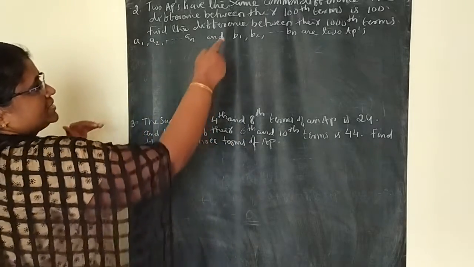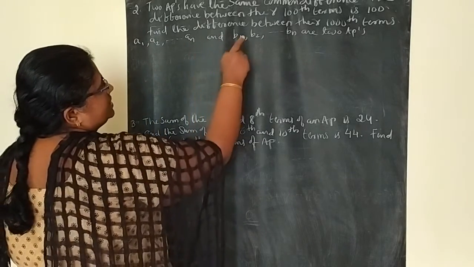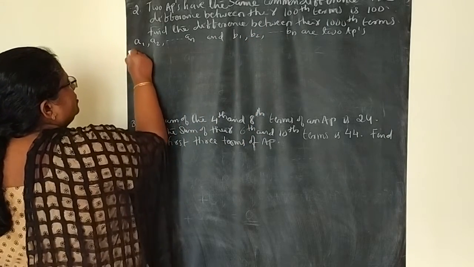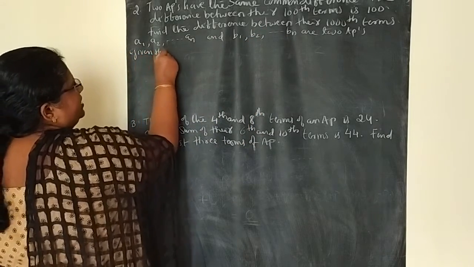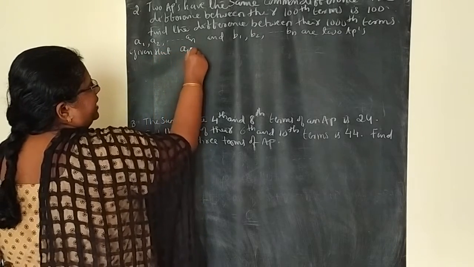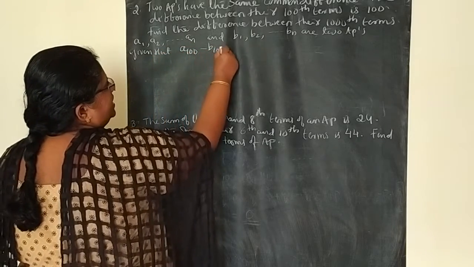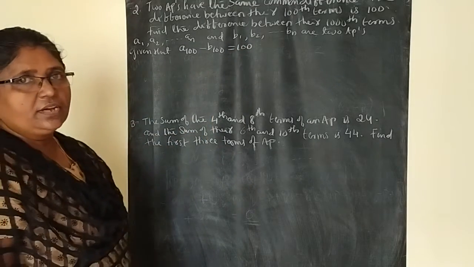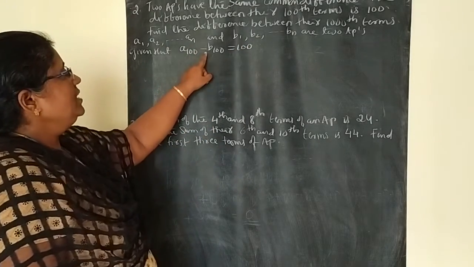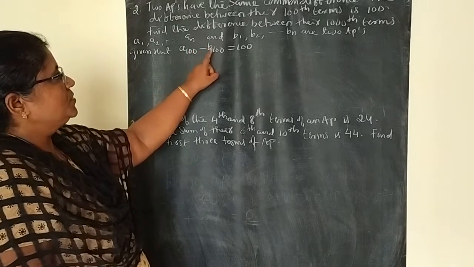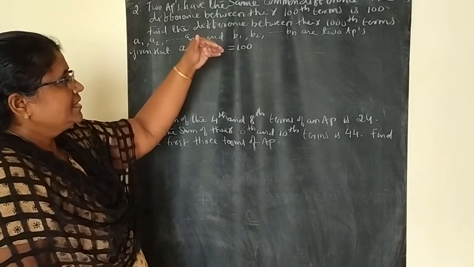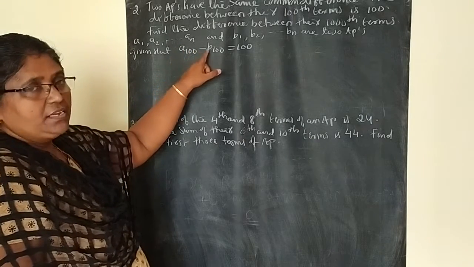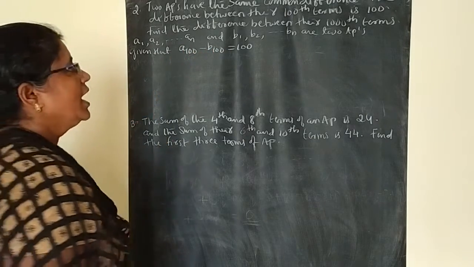So the second sentence, the difference between their 100th terms is 100, means: given that A100 minus B100 is equal to 100. That sentence we are converting into an equation.